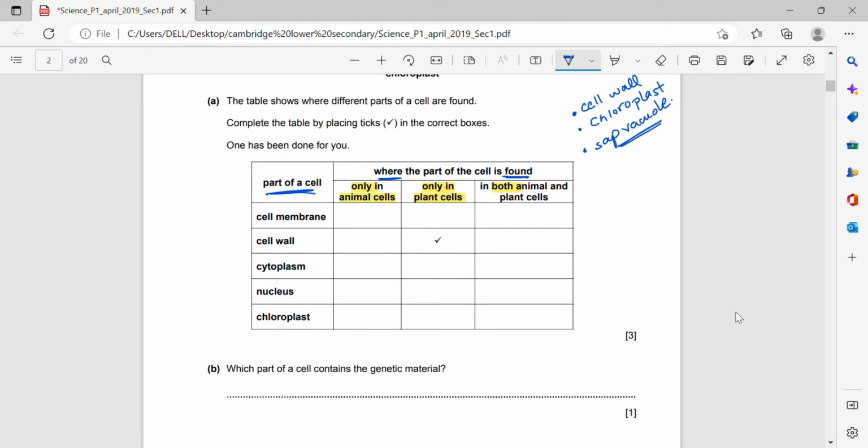Other than this, the other organelles are present in both plant cell and animal cell.